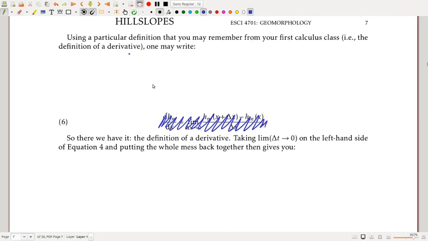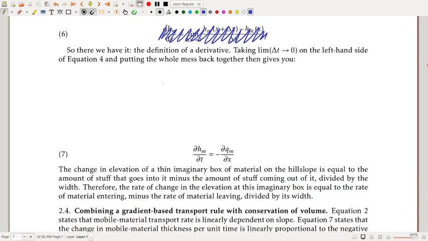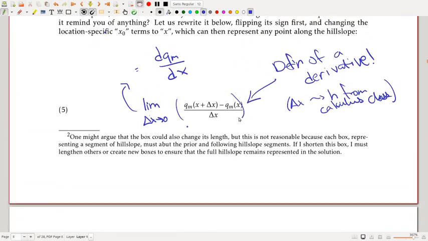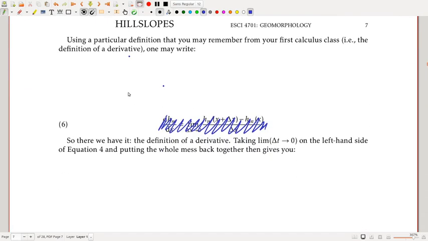So one may then write this whole limit, and what we end up getting is an equation that's much more like this. So from this definition of a derivative, we have dq sub m dx. And because I had the wrong equation written down here, I'm just going to rewrite this to make it a little bit easier for you.